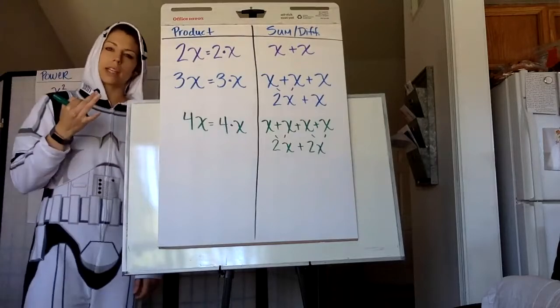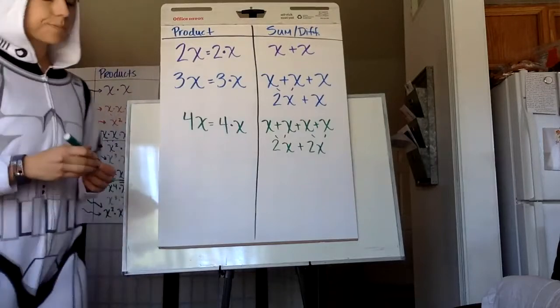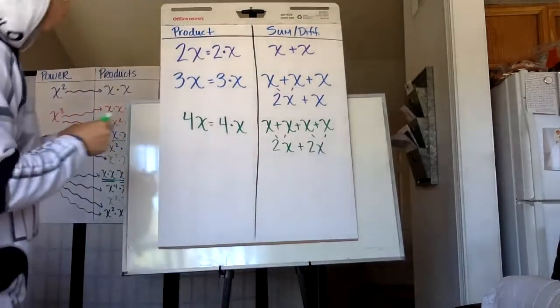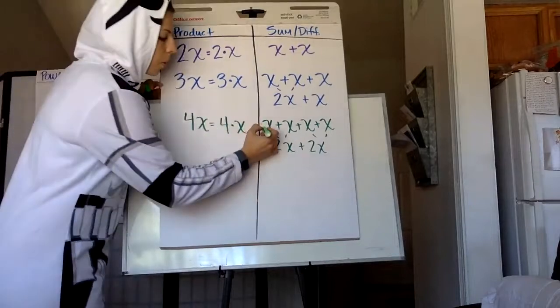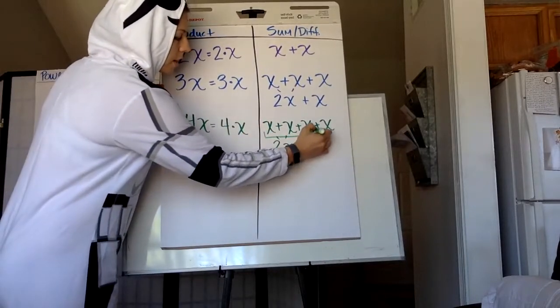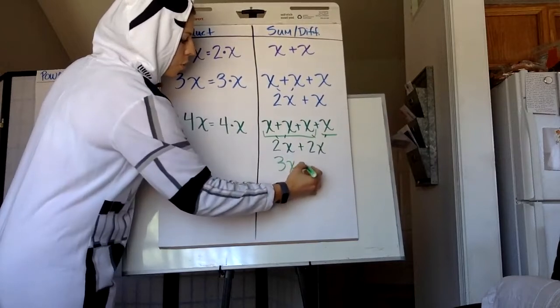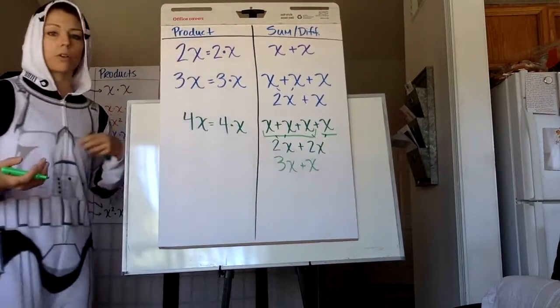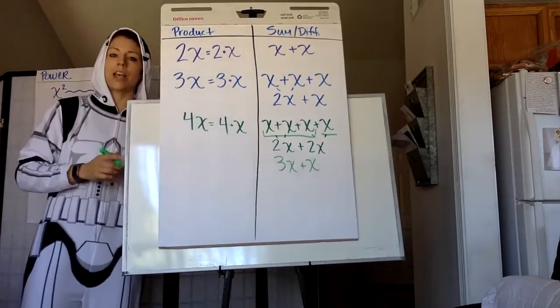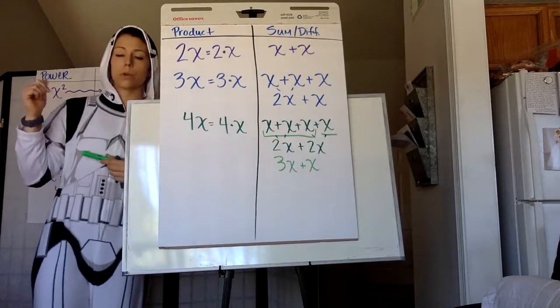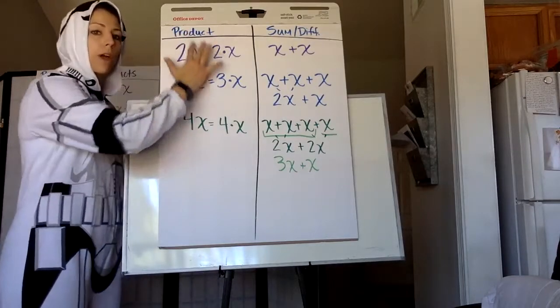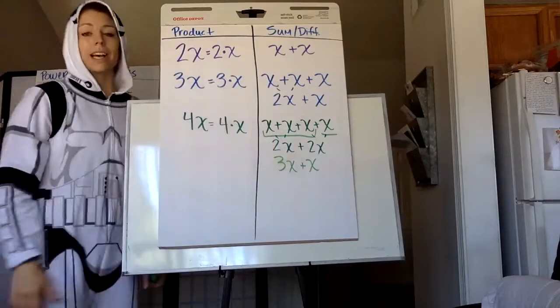What's the third way to represent 4x? If you remember from our work with powers, we can pull these 3 here. That's 3 x's plus 1 more x for a grand total of 4 x's. So just like powers with multiplication, you can write a product using addition.